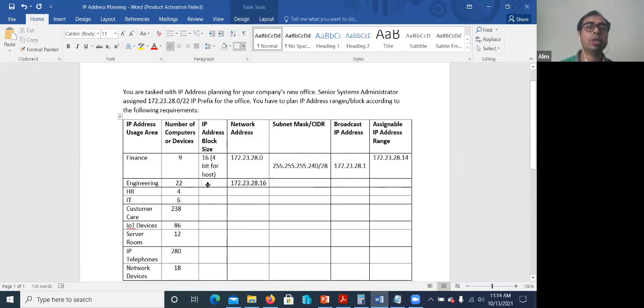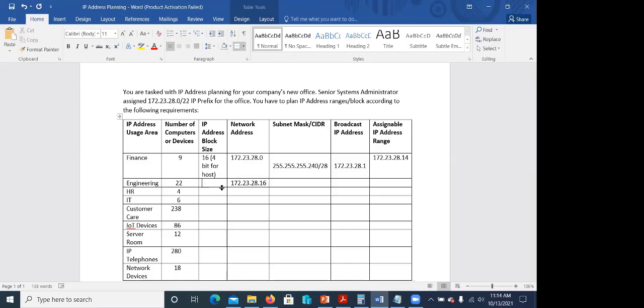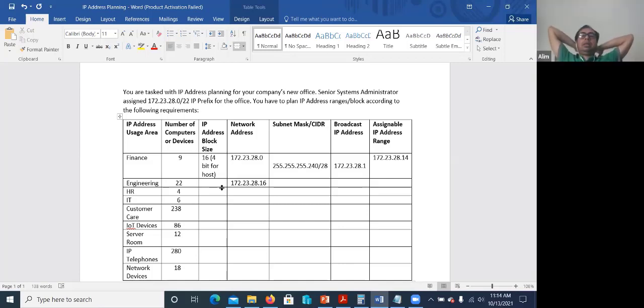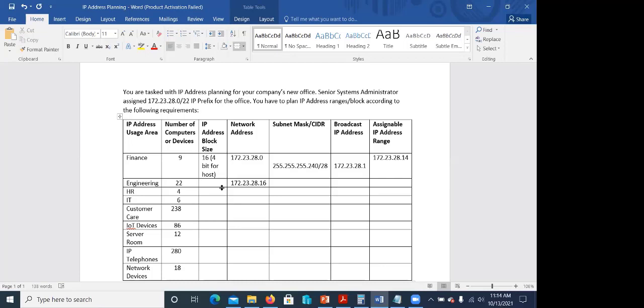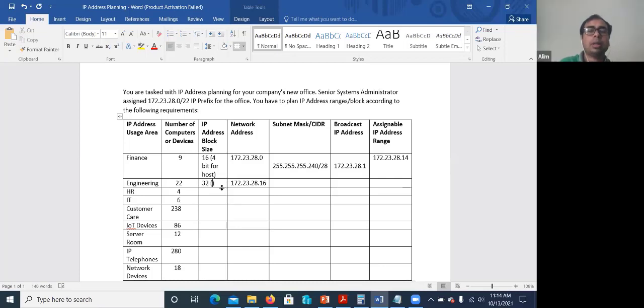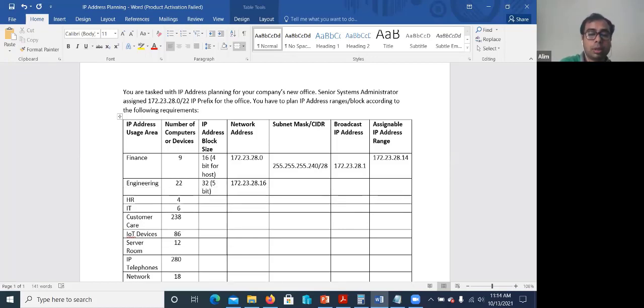For 22 hosts, can anyone tell me what will be the block size? Sir, 32. Okay, it is possible. 5 bits for host, 32. Great. 5 bits for host.